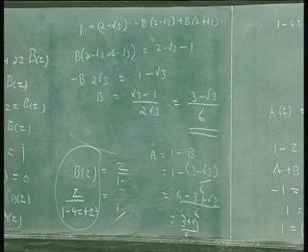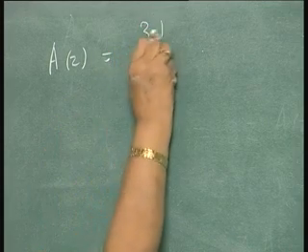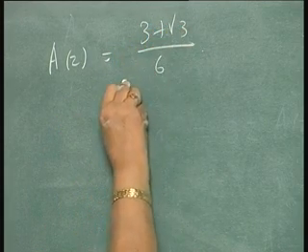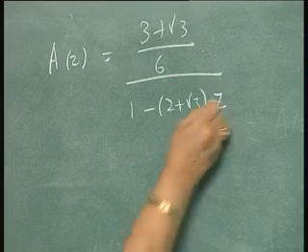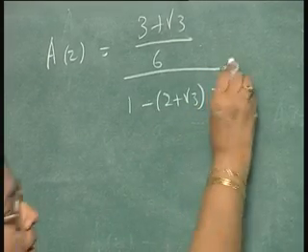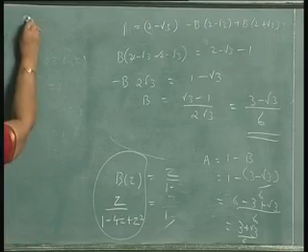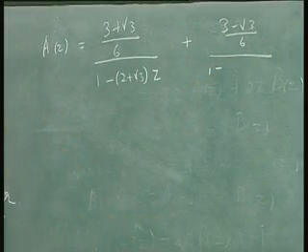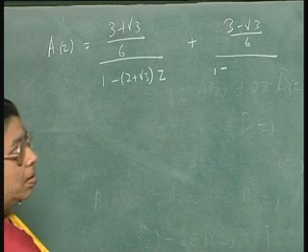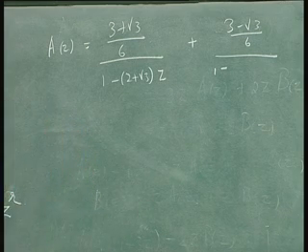So, the expression becomes the value of A(z) is given by ((3 plus root 3) by 6) by (1 minus (2 plus root 3) z) plus b by, b is ((3 minus root 3) by 6) by (1 minus, there is one minus sign missing.